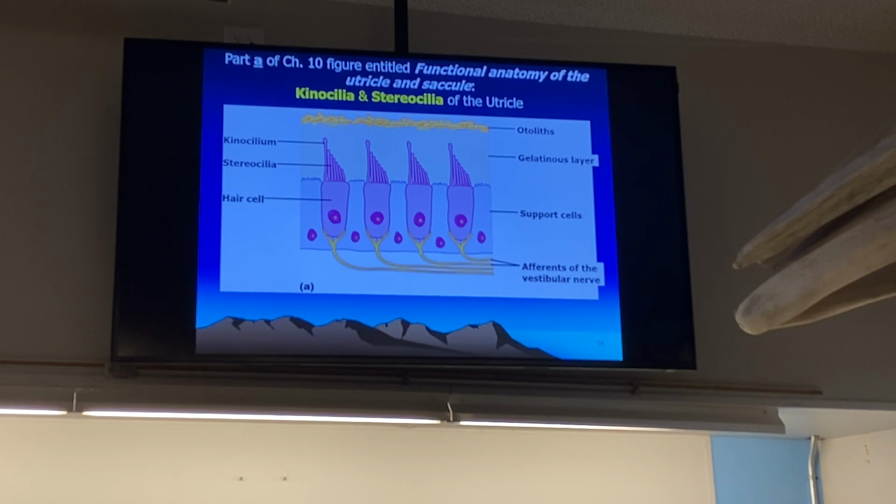Look at this. Gelatinous layer. All three regions, the cilia is stuck in jelly. Are we clear? All right.